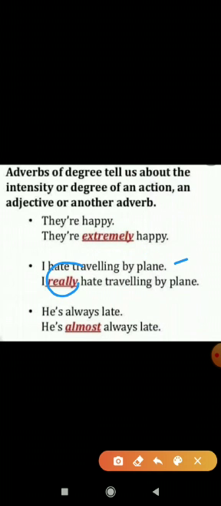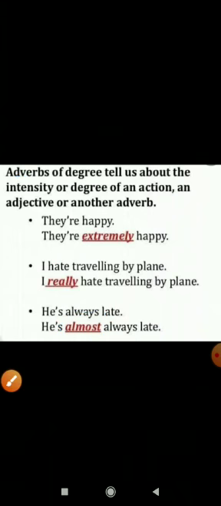Or another example, he is always late. Or he is almost always late. Almost is an adverb of degree. Adverbs of degree tell us how much or to what extent an action happens.